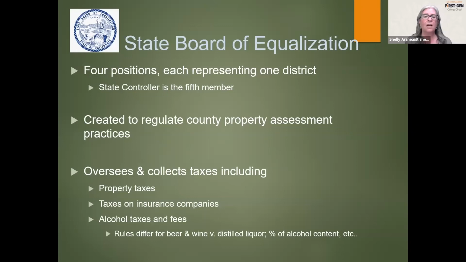And so actually a lot of their power and authority and responsibility was taken away. So rather than them handling state sales tax, which you can imagine is a big deal in the state of California, we have a separate department for taxes and fees that handles sales tax issues now.